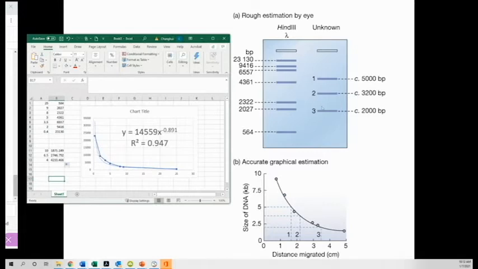After you run the unknown with the size marker, because you know each of the marker fragments, you can create the graph of migration distance versus the size of DNA. That's why you need the size marker, so that you can estimate the size of the unknown DNA.